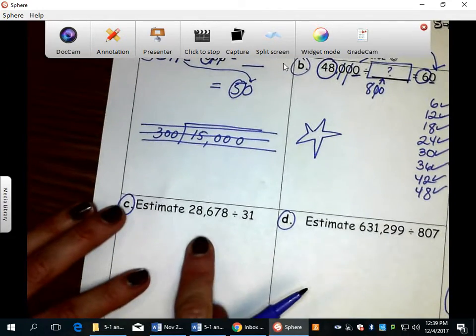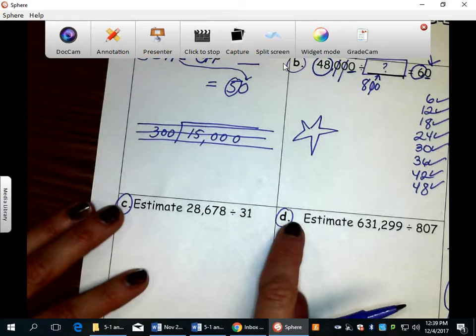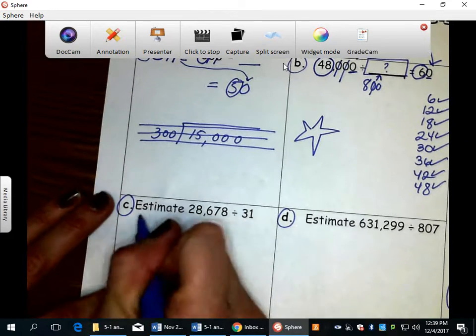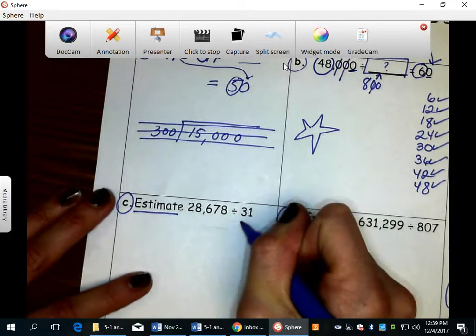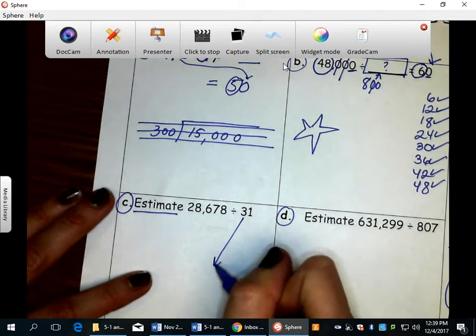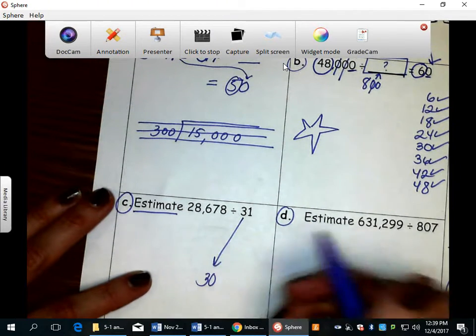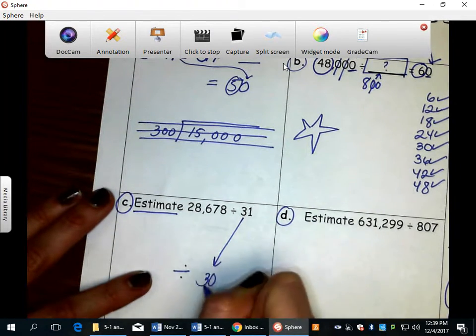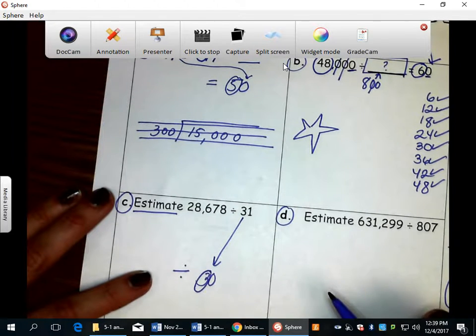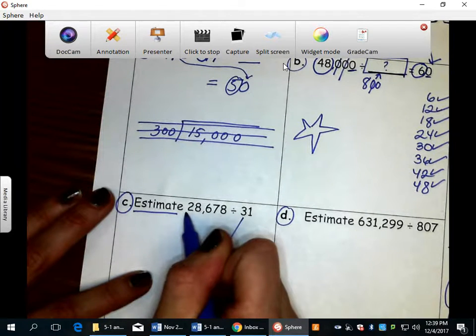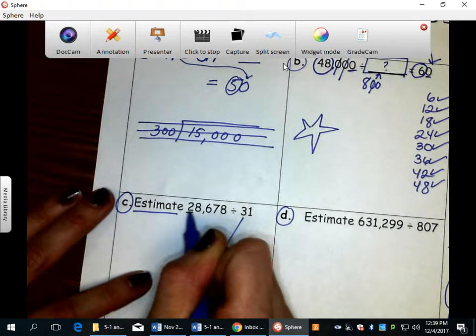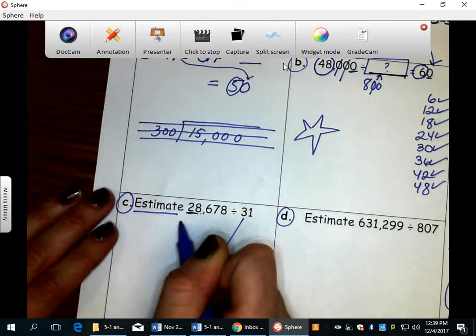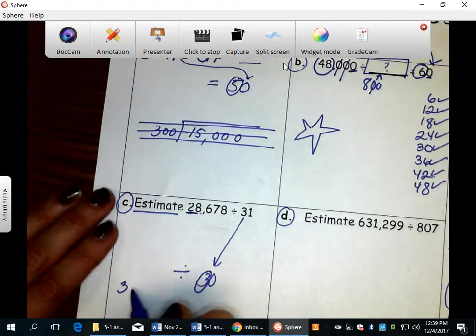This kind looks hard, and again, we're not doing the standard algorithm, we're just estimating. So this is the one where you can say, wait a minute, I'm not calling that 31, I'll just call that 30. And now I need something that 3 goes into easily, and I can put zeros behind it. Right when I see this number 28, I think, ooh, what if I just made that 30,000?